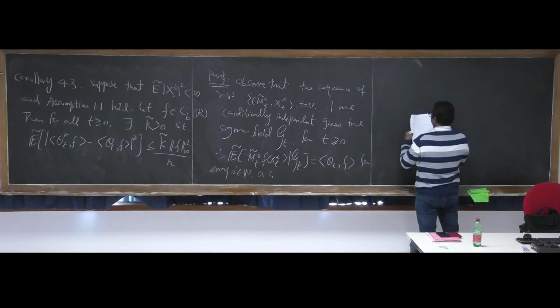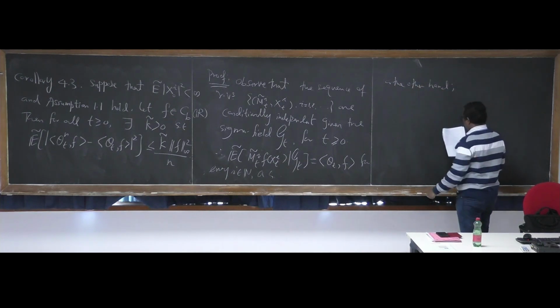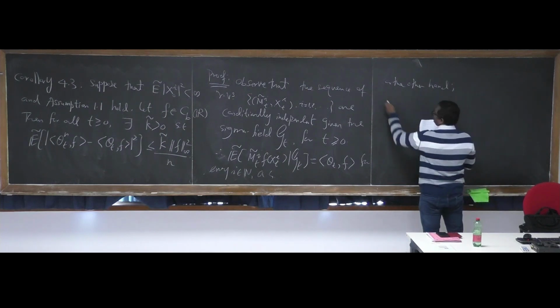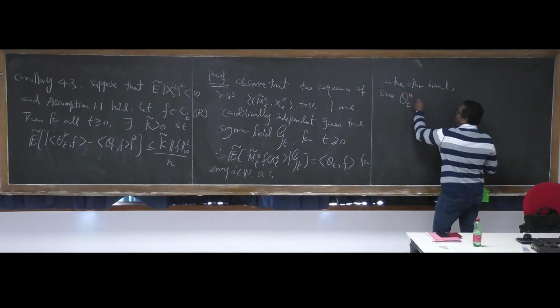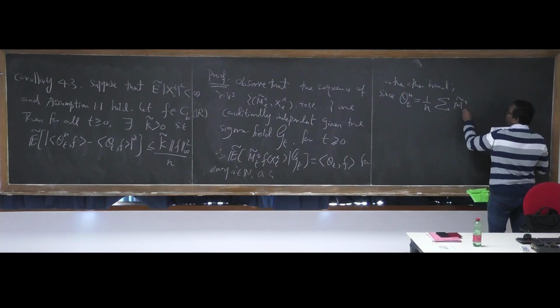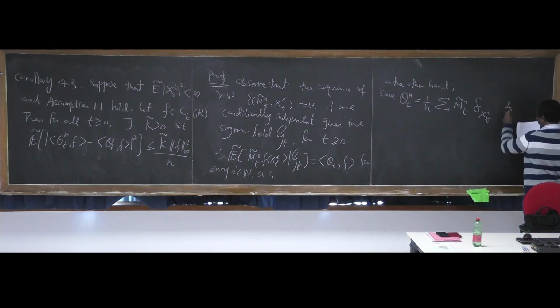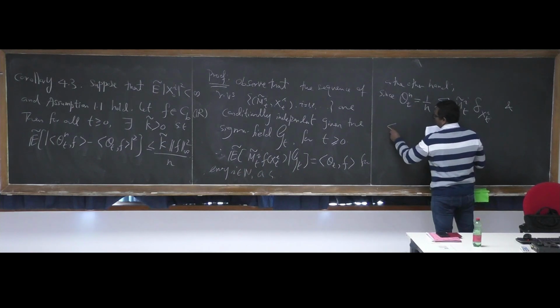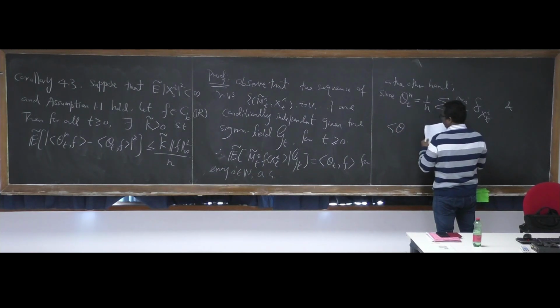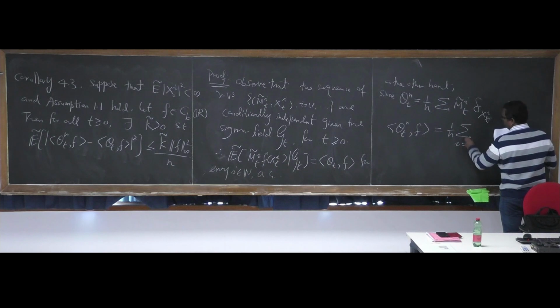On the other hand, since theta t n is the empirical measure, 1 over n, m tilde I t times Dirac delta function standing on x I t, the duality pairing of this empirical measure theta t n with function f is nothing but this: 1 over n, sum for i running from 1 to n.